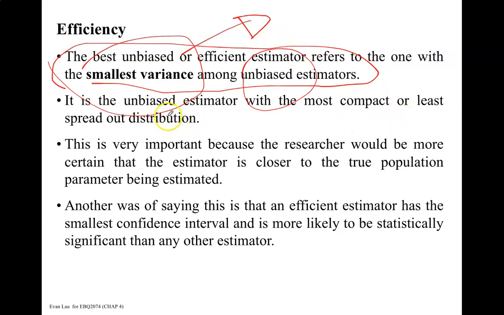It is the unbiased estimator with the most compact or least spread out distribution, because variance is like the spread, the dispersion, in terms of the graphical representation. Another way of saying this is that an efficient estimator has the smallest confidence interval and is more likely to be statistically significant than other estimators. You find the best, the most efficient.